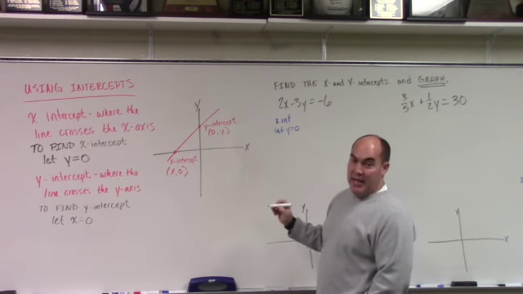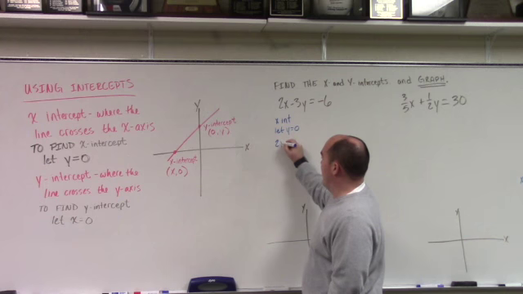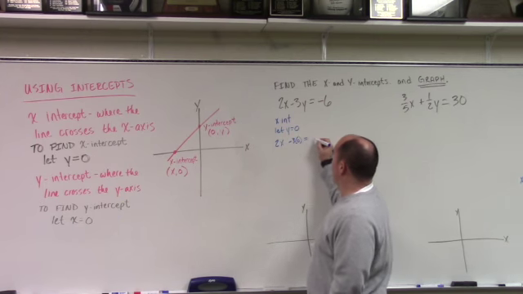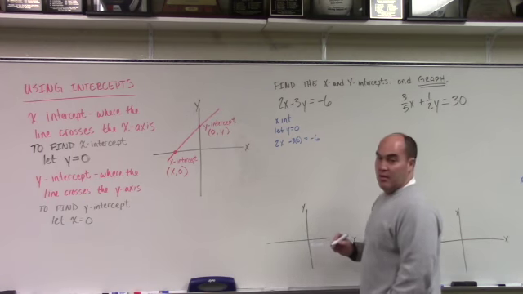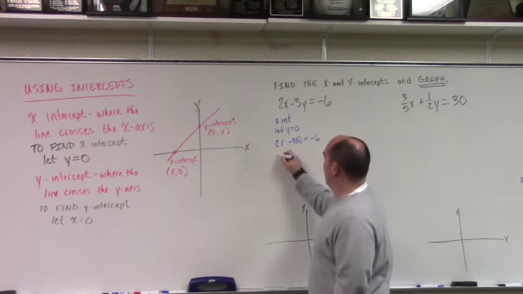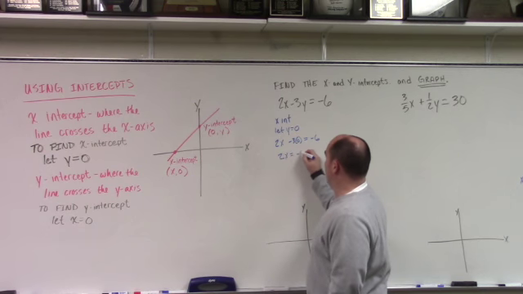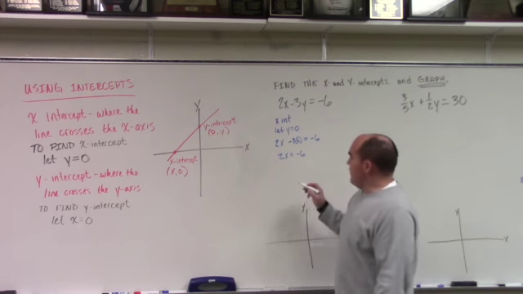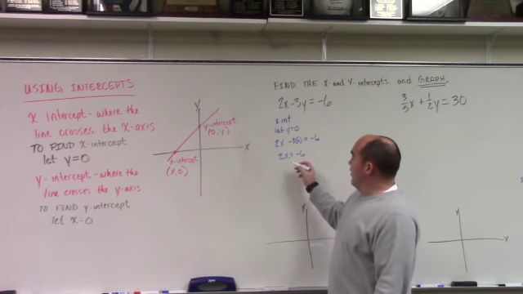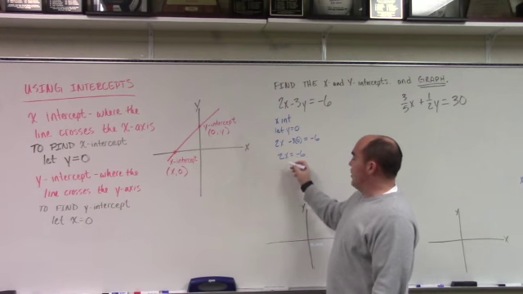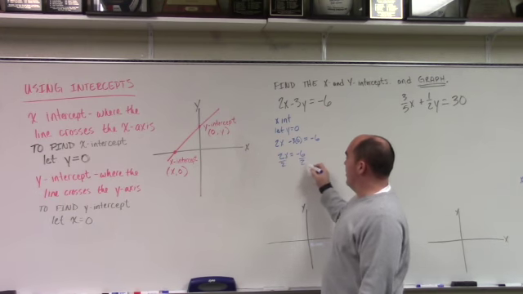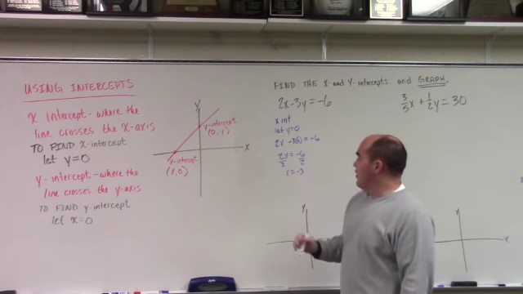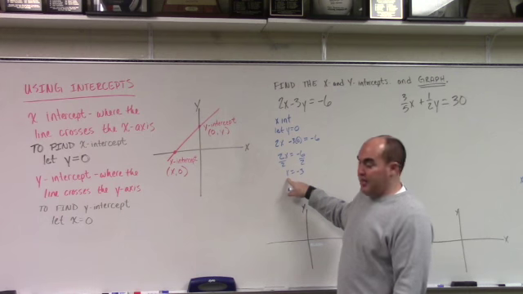So I have 2x minus 3 times 0 equals -6. Really I just have 2x equals -6. When I solve this and divide by 2, I get x equals -3. That is my x-intercept.